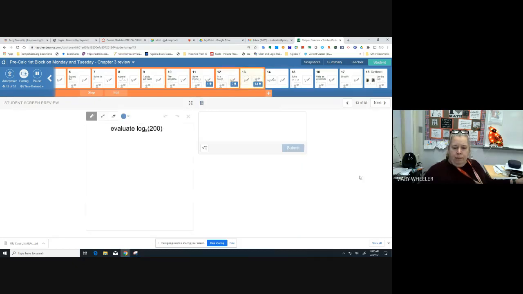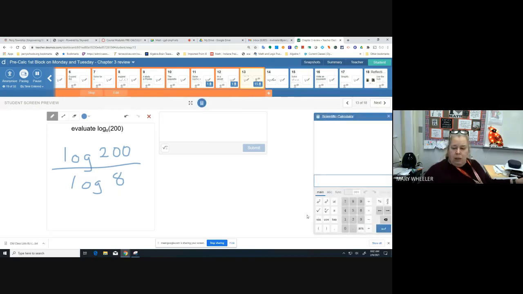All right. This one, I would just use change of base. Log 200, log 8. You're not going to be able to write those in the same base because 200, you can't write that with a 2. So you really are kind of stuck using change of base. That's just calculator work.